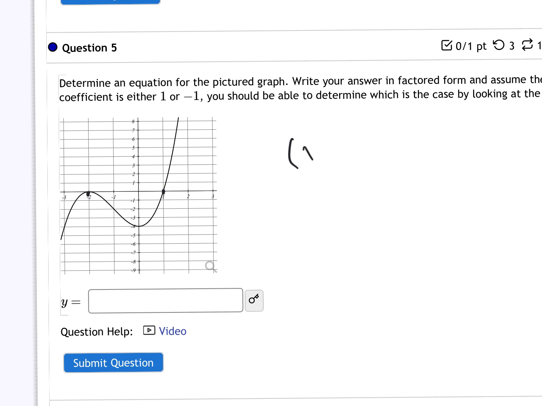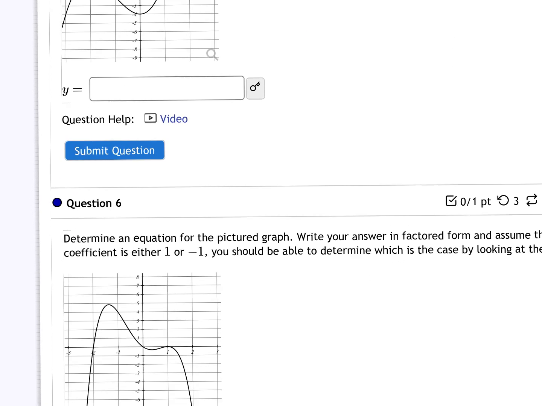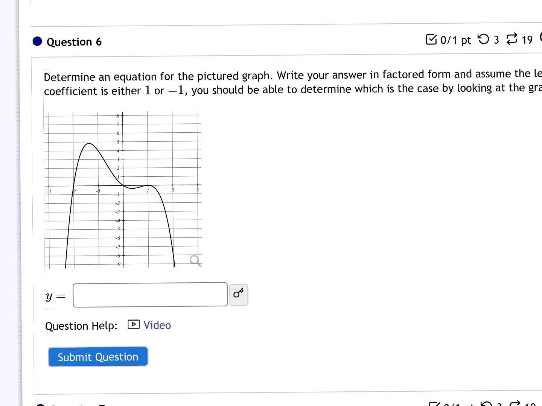It's going to be x minus negative 2 squared, because it bounces, an even multiplicity, times x minus 1. So you can just add that there. We get your squared.